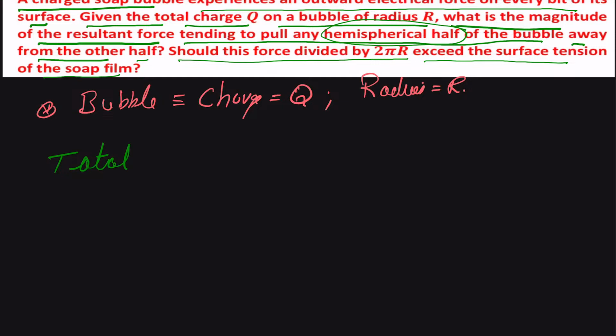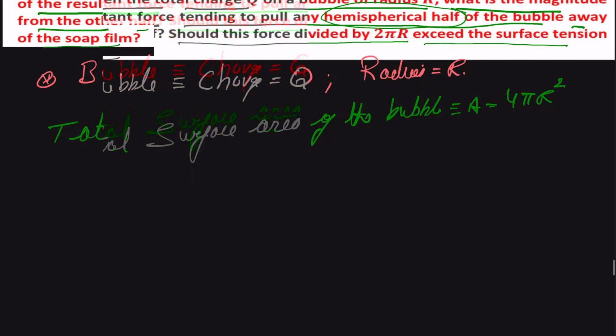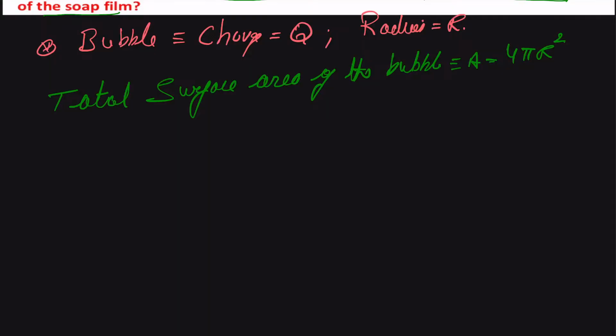Let us suppose the total surface area of the bubble is A, which will be equal to 4 pi r square. Therefore, from here now we can find out the surface charge density.